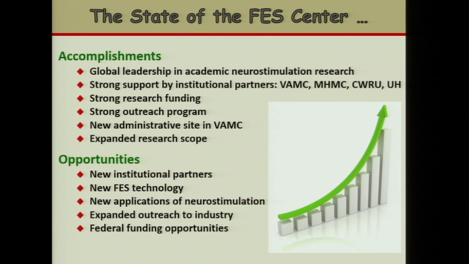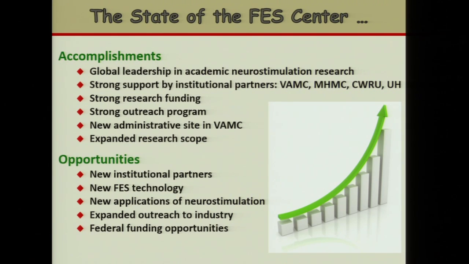We have great partners that benefit us, and we also benefit them. Our research funding is strong. Our outreach into the community is strong. Our outreach into industrial partners is strong. We're now better integrated into the VA with our administrative site being there. We have this expanded research scope.